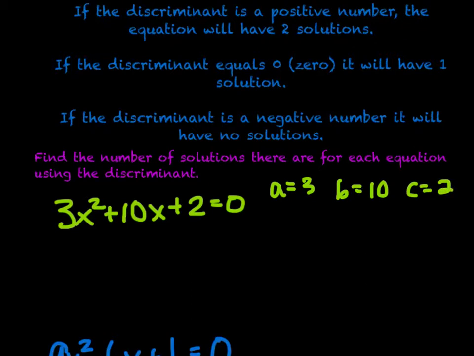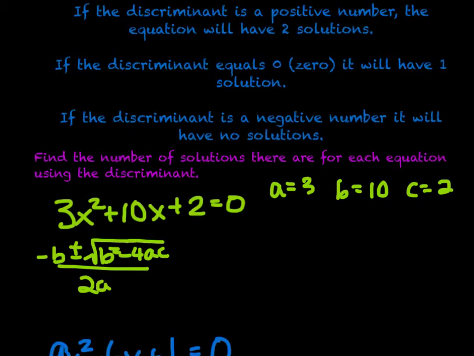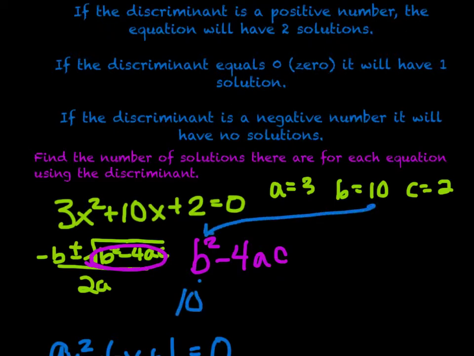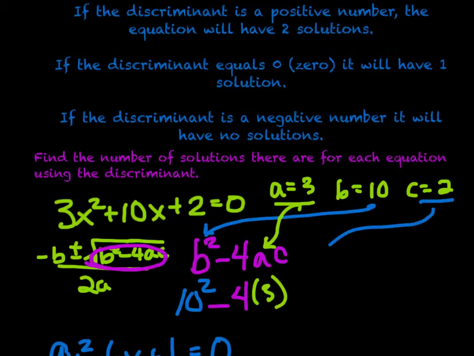Instead of using the whole formula of negative b plus or minus the square root of b squared minus 4ac all over 2a, we're just going to use this part: b squared minus 4ac. We have b, which is 10, so 10 squared, minus 4 times our a term, 3, times our c term, which is 2.